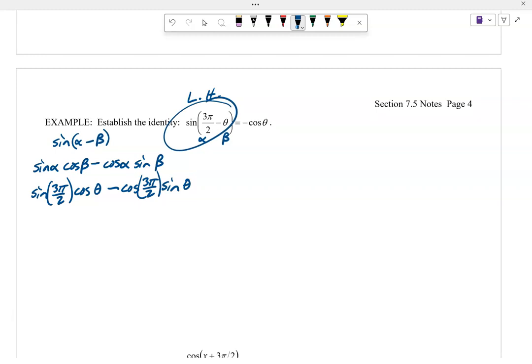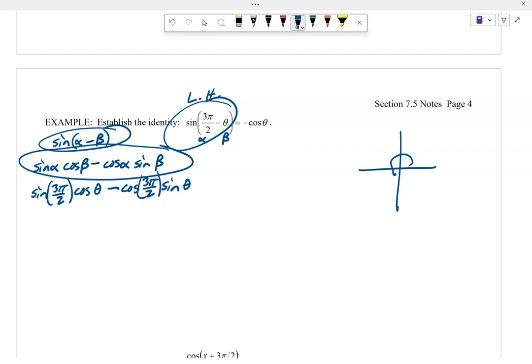So we've expanded it using what sine of alpha minus beta is equal to, and then filling in the alpha and the beta. Okay, so now we look at the sine of 3 pi halves, and we're like, oh, if I rotate here, my sine there is -1. My cosine theta stays the same, minus my cosine of 3 pi halves, which is 0.